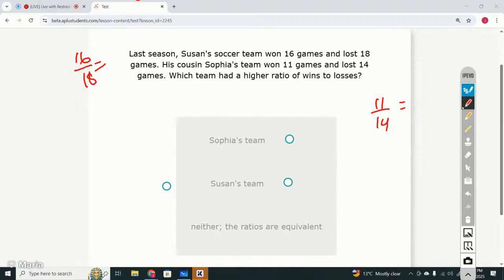16 divided by 18 times 100 is 88.8%, and 11 over 14 times 100 is 78.5%. So who has the higher ratio?